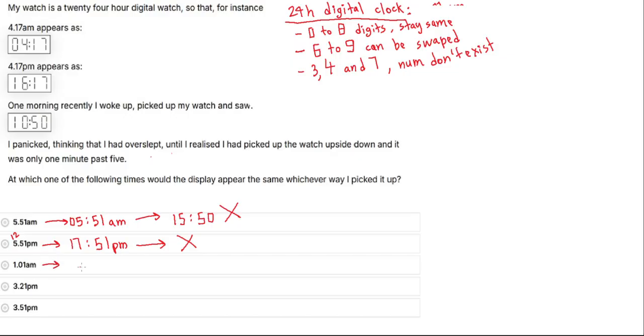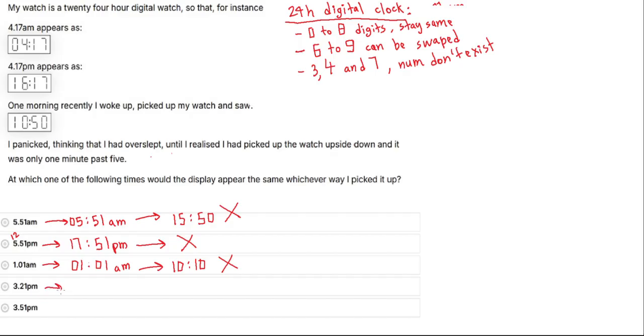And this is AM, so it will be as it is. Do not add 12. I'm going to write this in 24-hour digital clock format. Now if we flip this, it will give us 10:10. So it's not the same, so it's also wrong.